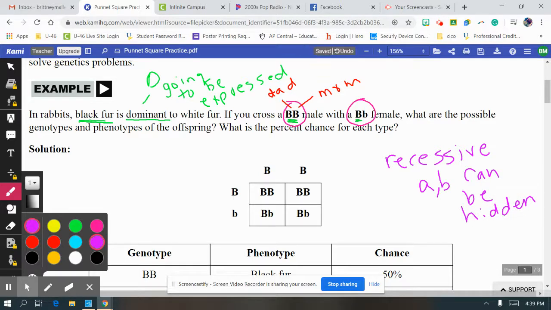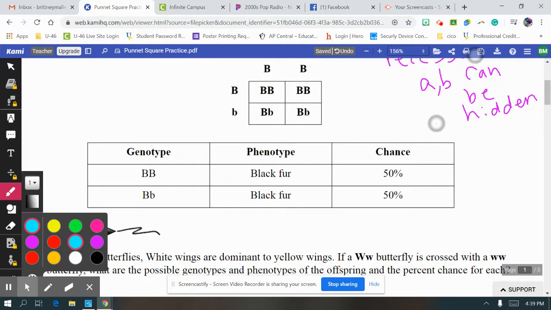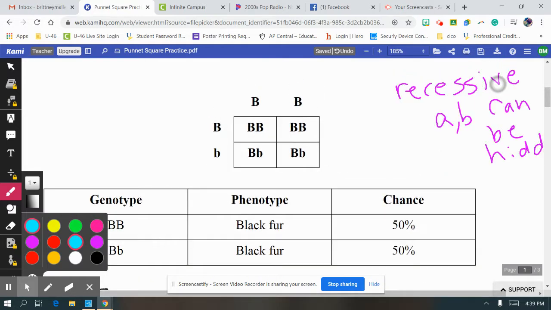We'll get there. In this first example, you have a cross between those two different rabbits, and it shows you in the Punnett Square here. This is what's called a Punnett Square, and it's a tool for showing the probability that a trait is going to be passed on.